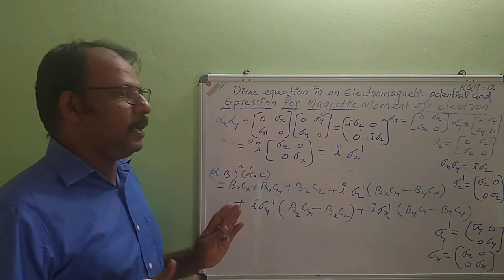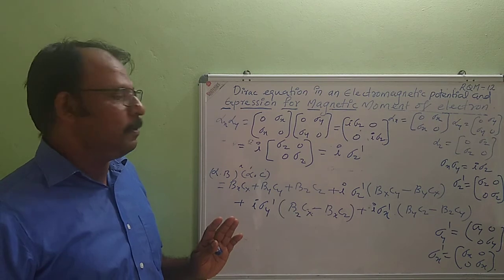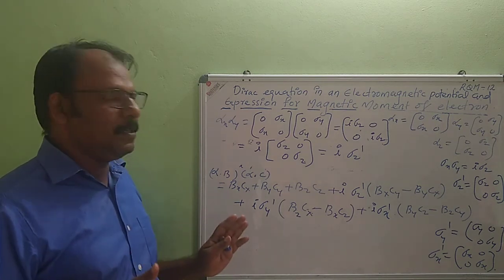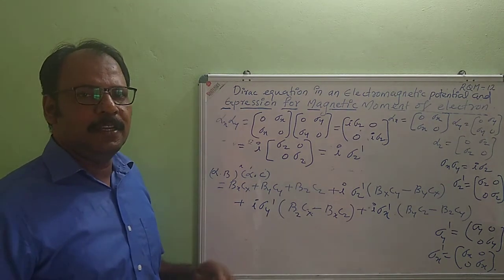Now what is Bx Cy minus By Cx? B has 3 components, Bx, By, Bz, and C has 3 components, Cx, Cy, Cz.